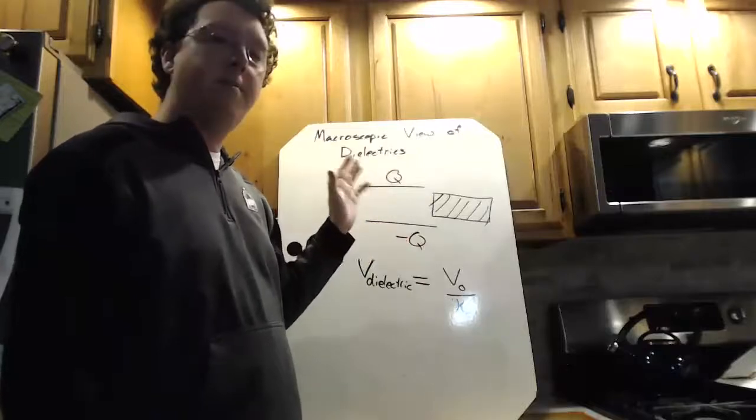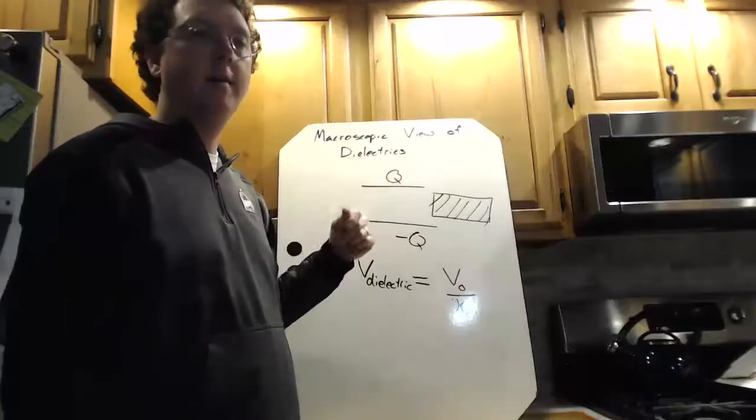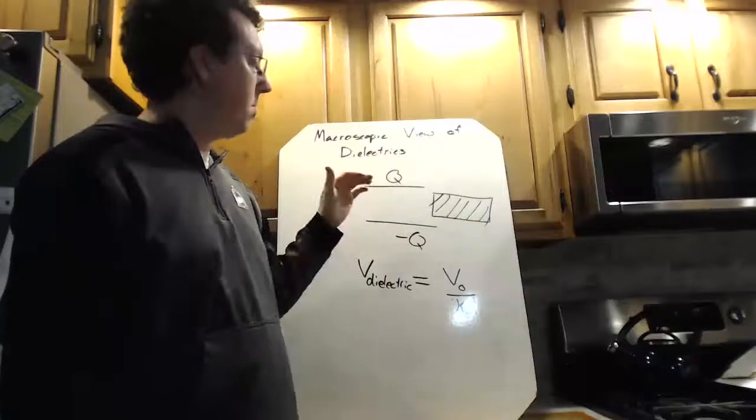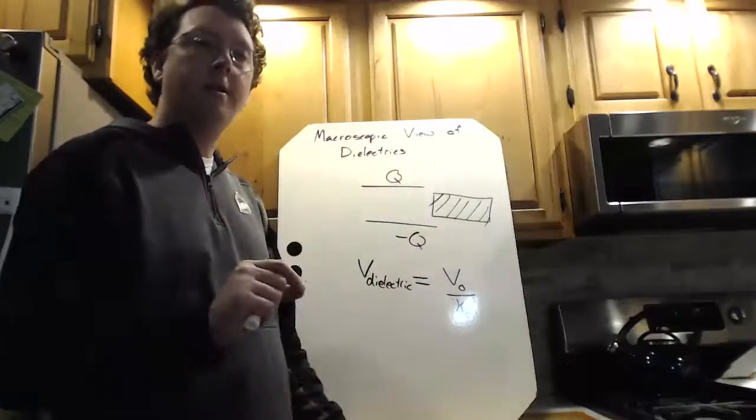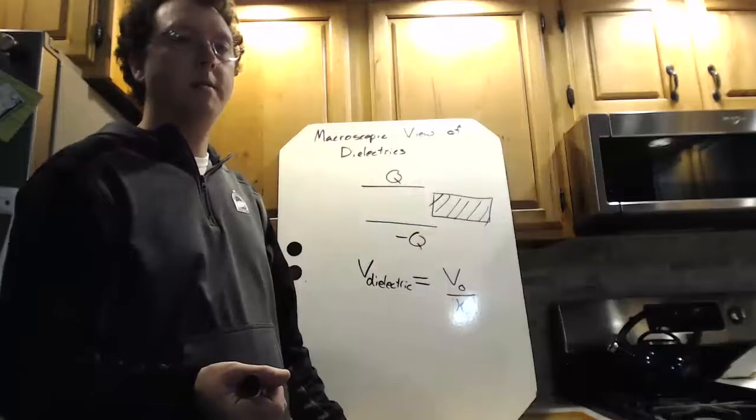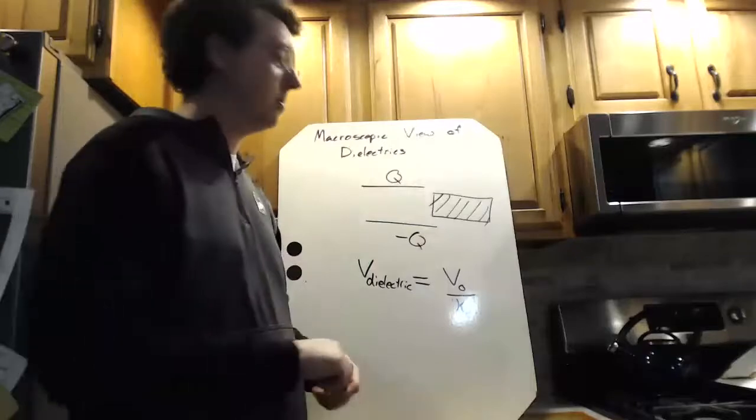And the only effect, mathematically, of having a dielectric material in the problem is that at the very end, everywhere you have an epsilon naught, you can just erase it and write epsilon.